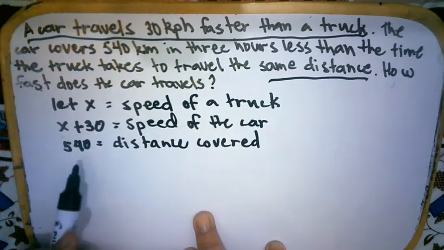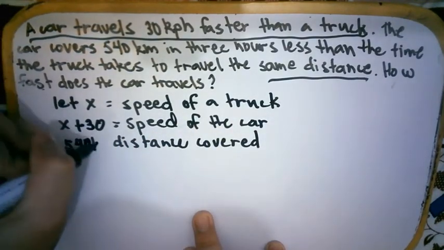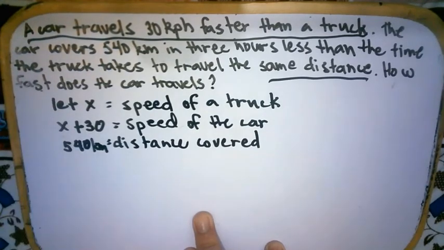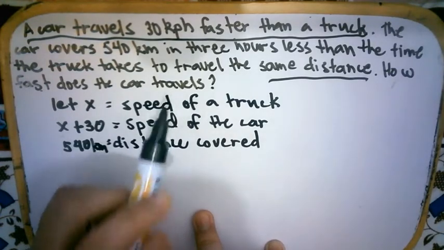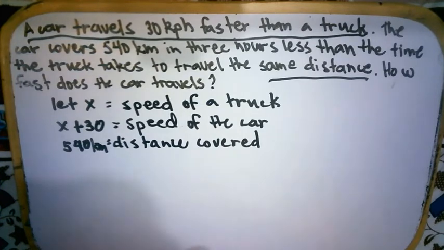So kaya yung 540 kilometers, yan yung distance na covered pareho ng car at saka ng truck. Ngayon, yung pangalawang statement, ang binabanggit dito, nung na-cover nila yung 540 kilometers, mas mabilis na na-cover nung car yung 540 kilometers kesa dun sa truck. At gaano kabilis? Mas mabilis siya ng 3 hours.